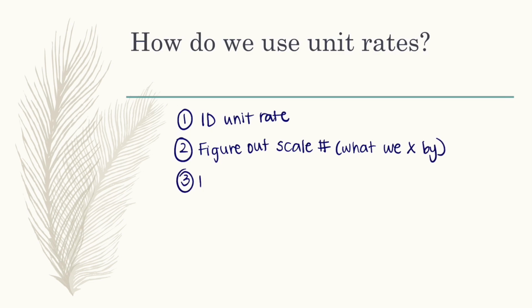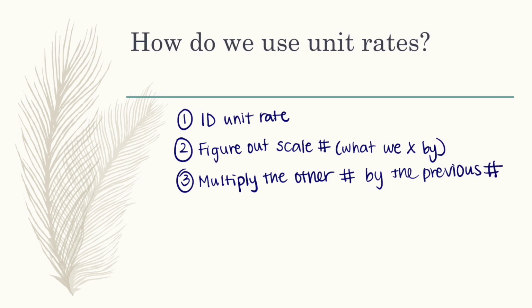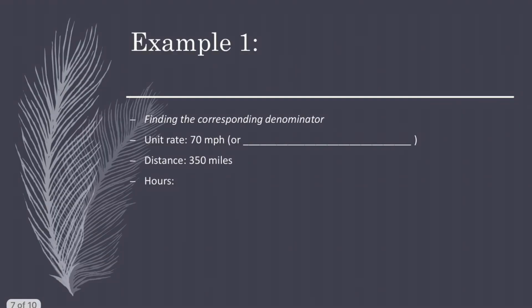Then we multiply the other number by the same number. That'll make more sense in our examples. In a unit rate we have 1 thing over 1, or 1 thing over a. If I multiply a by 3, then I have to multiply the 1 by 3, and vice versa. If I multiply the 1 by 5, I have to multiply the a by 5, and I can change them around depending on my situation.